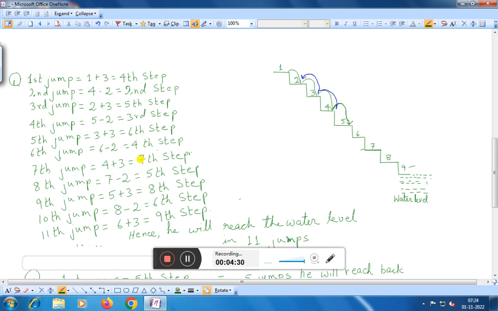From the fifth step he again goes backward 2 steps, right?